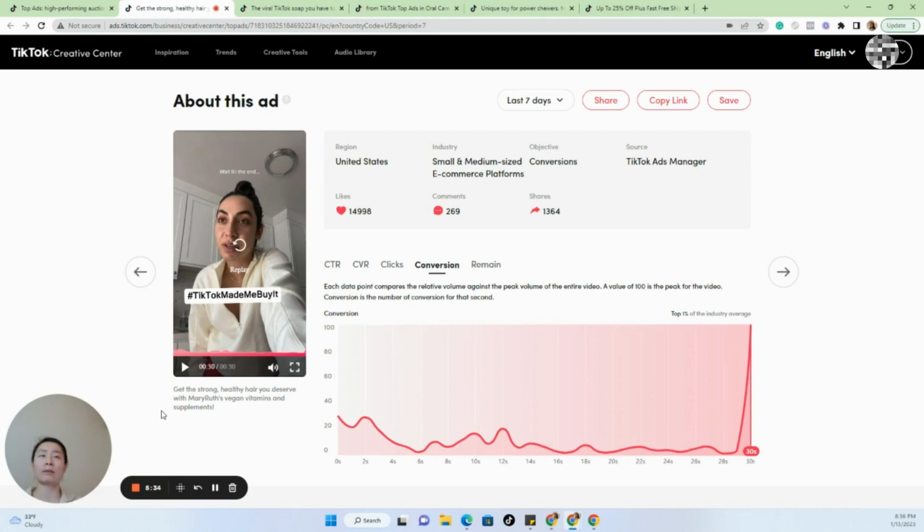You also want to always tie it back to the platform, which makes it seem very natural to the platform, by saying, oh, I just saw everyone talking about this on TikTok, or I've seen it everywhere on my For You page. You always want to use those phrases.